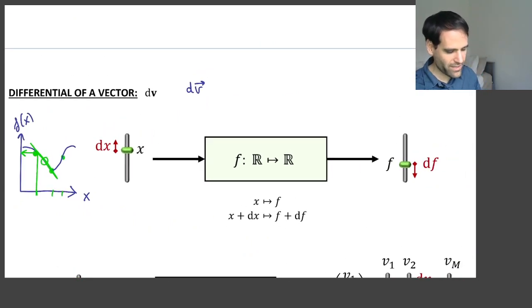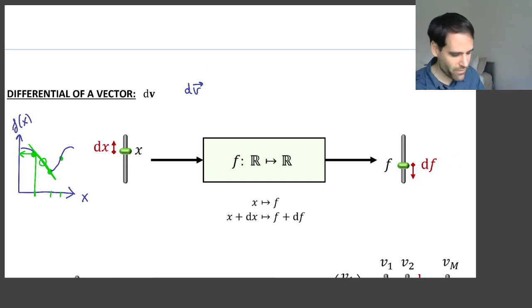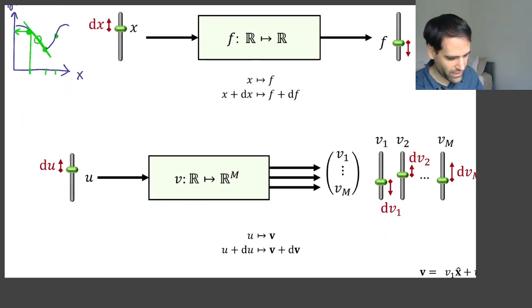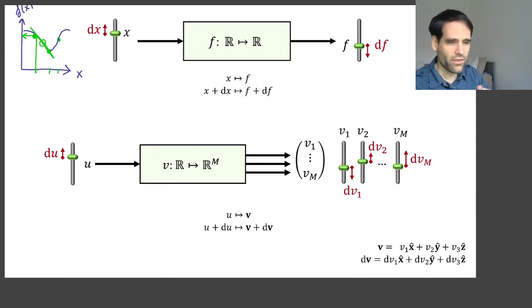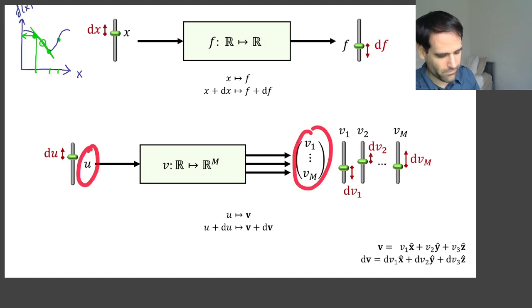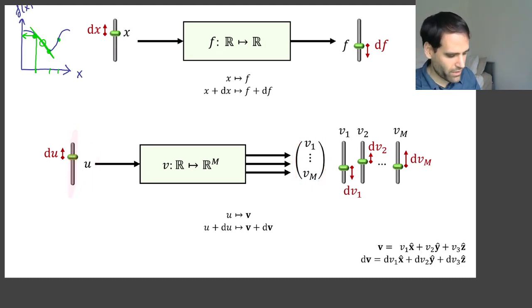But the nice thing of this picture of the sliders is that it's very easy to turn into the case of vectors, as I have done here, okay? So in the case of vectors, a vector v that depends on one variable, we can imagine that we have one slider in the input, but then we have all of these sliders, which are all of the different components of vector v. And I have built this machine in Mathematica.